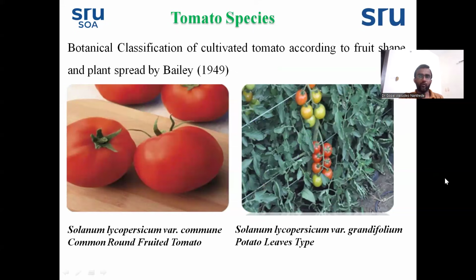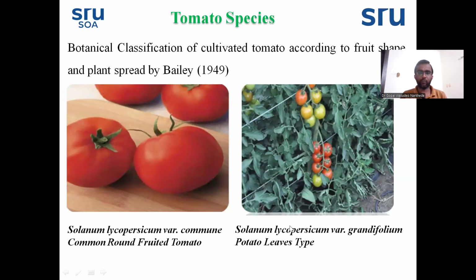Now we will see tomato species one by one. The botanical classification of cultivated tomato according to fruit shape and plant spread was done by Bailey in 1949. According to him, first is Solanum lycopersicum variety commune, the common round-fruited tomato.